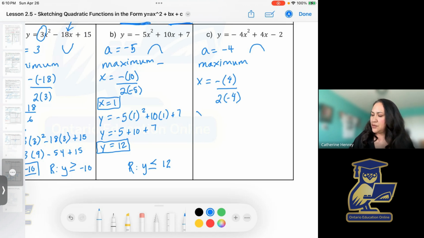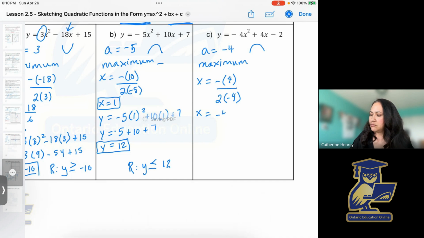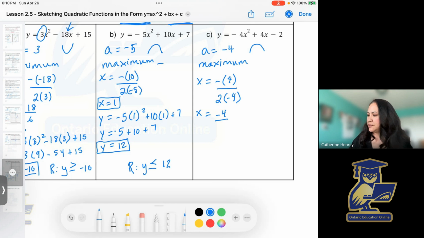X is equal to -4 over -8. X is equal to 1/2.